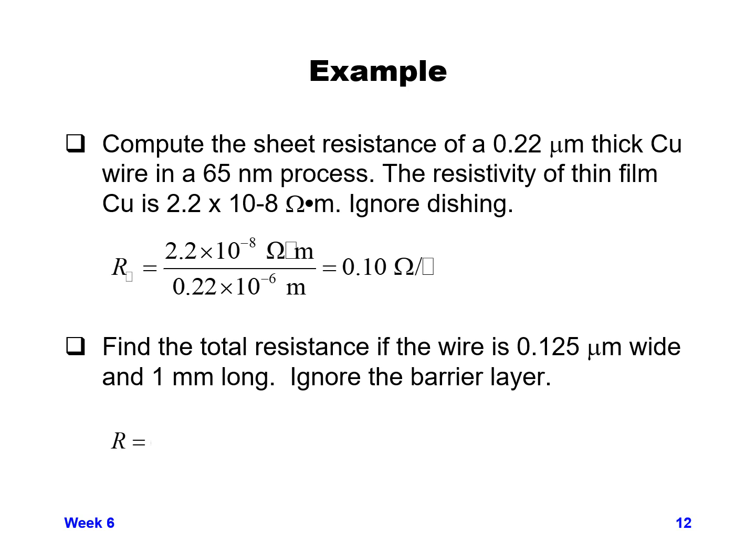If we ignore the barrier layer, as we mentioned in the previous foil, there would be some thickness and some width taken away from the copper wire due to the barrier layer. But if we ignore that, we have 0.1 ohms per square times the number of squares, which is 1,000 microns, or 1 millimeter, the length, divided by the width of 0.125 micrometers, and we get a total resistance for this wire of 800 ohms.